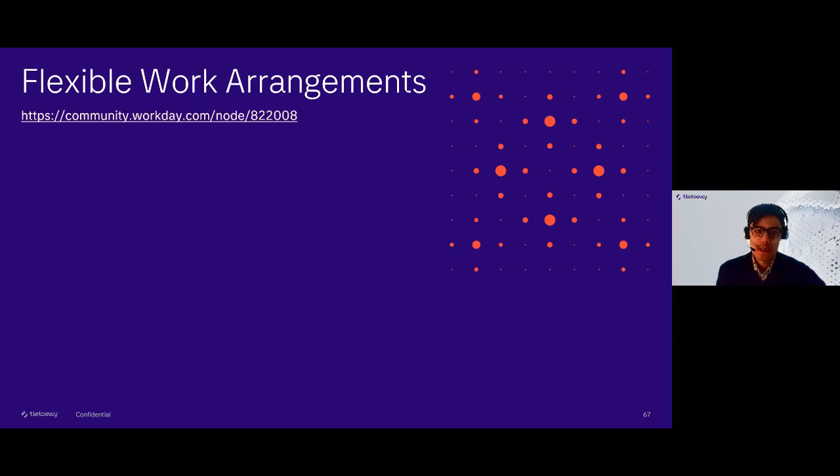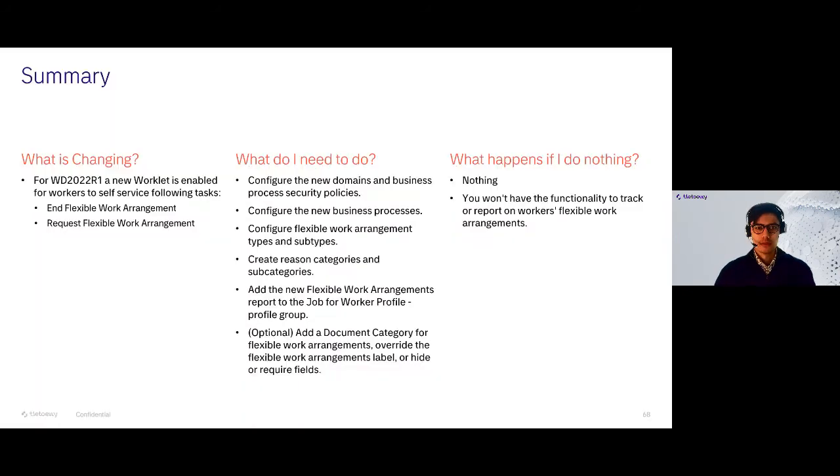Next topic is the flexible work arrangements. I will only go through the summary page since this feature is only about a new worklet that is enabled. This worklet lets workers self-service the task and flexible work arrangements, as well as request flexible work arrangements.